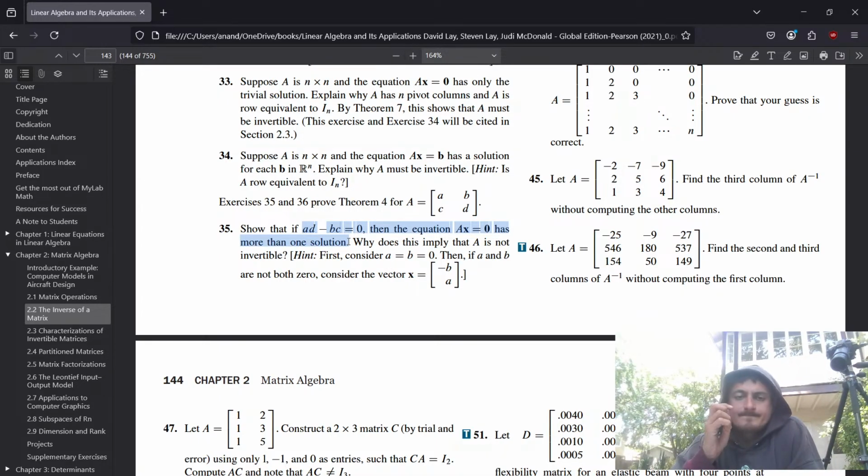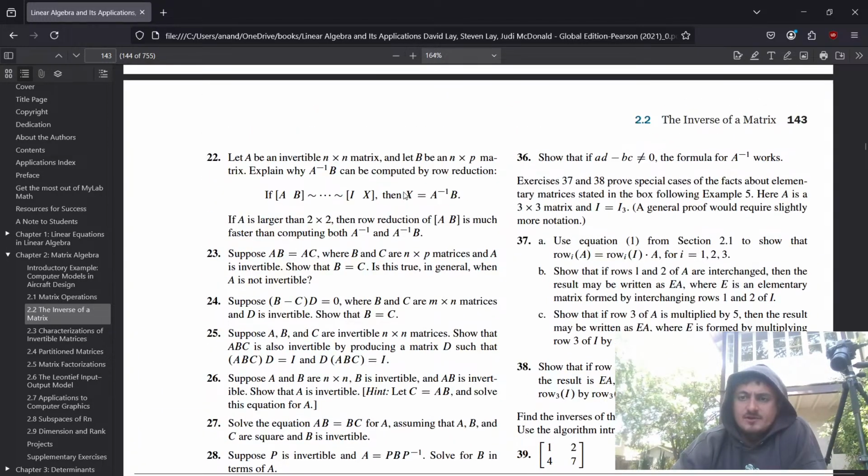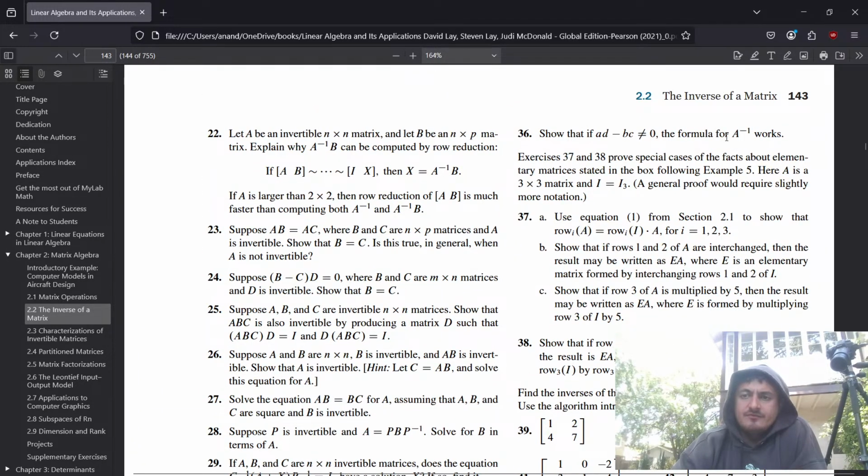Okay, I don't really get this last part there. 36, show that if it's not, the formula for A inverse works. I mean, show that it works. I don't even know what that means. Works as an inverse?